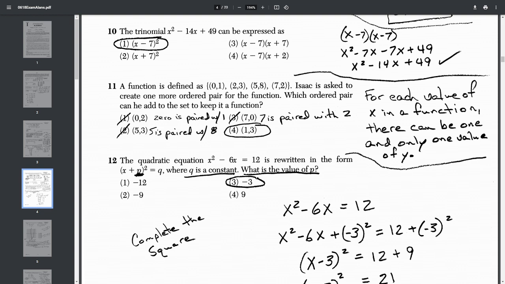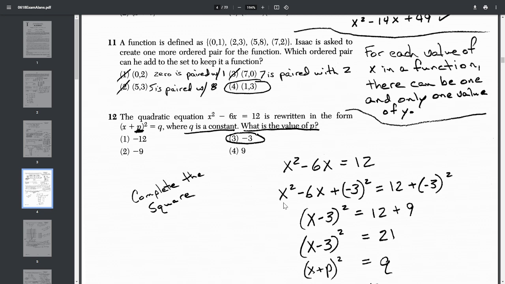So we would get x squared minus 6x plus 9 equals 21. The whole reason we would do that is so we can factor the left side so it's parentheses squared. And that would make it x minus 3 in parentheses squared equals 21. And that's what they wanted. They wanted to know the value after the x in the parentheses, which would be negative 3. So that's choice 3.